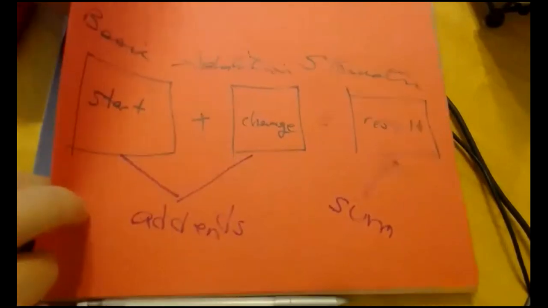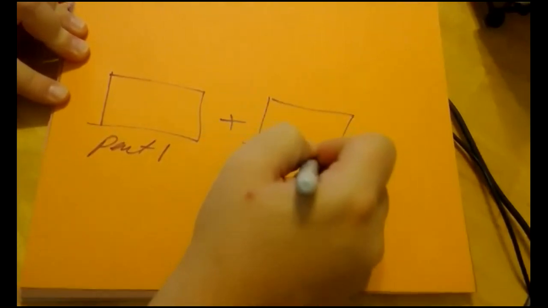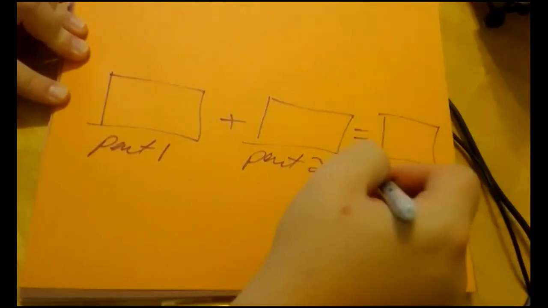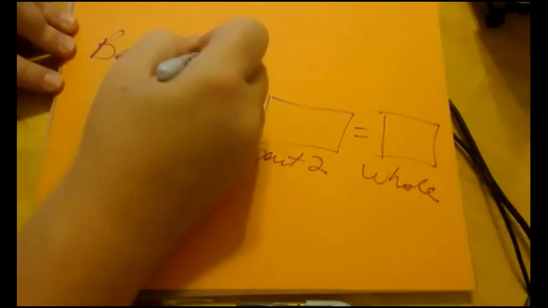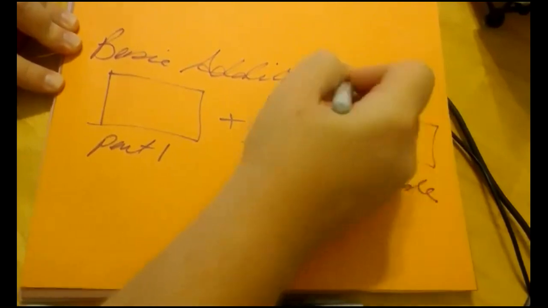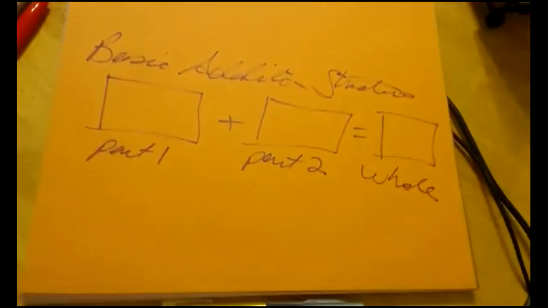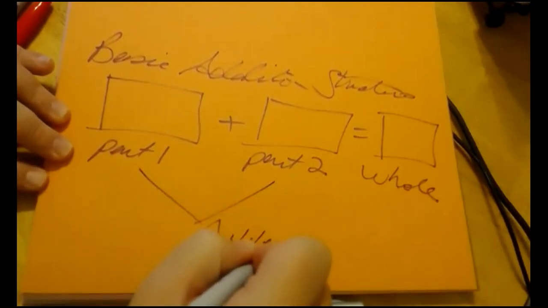In the case of a put together take apart, you have part one, and you have part two, and then you have a whole. This is the basic addition structure. And you're going to use this structure for the put together take apart problems. Remember, these are add-ins, and this is the sum.